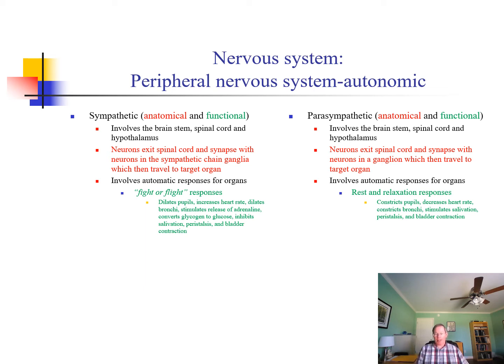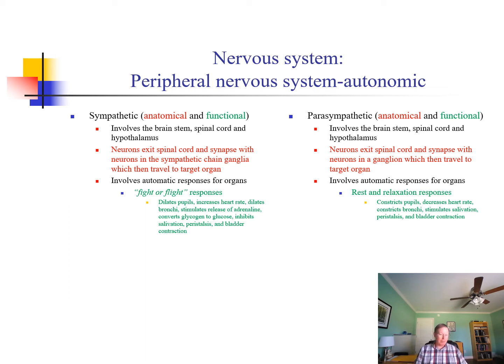The sympathetic nervous system is the fight or flight response. So it's functionally different from the parasympathetic, which is a relaxation and rest response. So for example, in the sympathetic nervous system, I want to dilate my pupils. I want my heart rate to increase. I'm going to dilate bronchi. I'm going to release adrenaline, or epinephrine or norepinephrine.